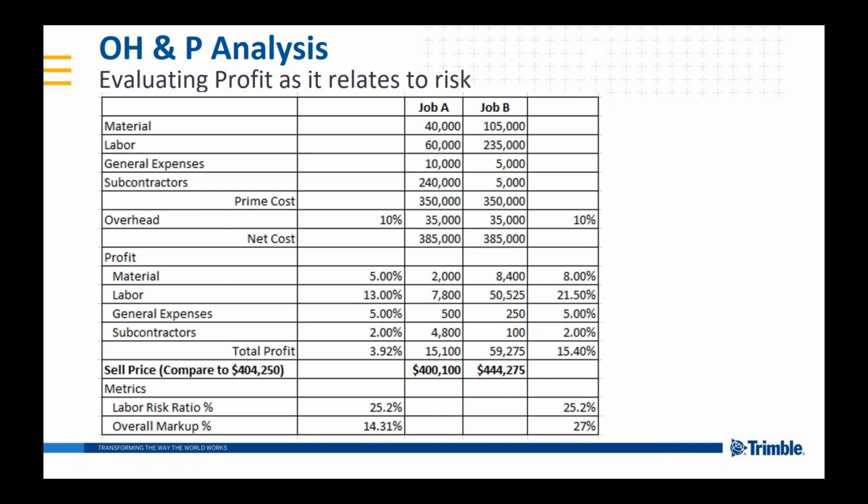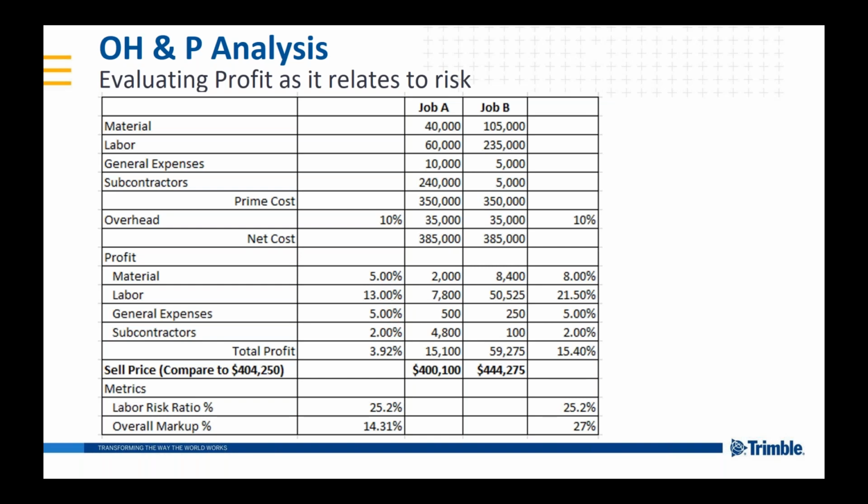And now when I come down and evaluate it, as you can see, both of the jobs are in what I was calling my sweet spot of 20 to 25% labor risk ratio. And again, as these percentages would be manipulated up or down, it would change this ratio.